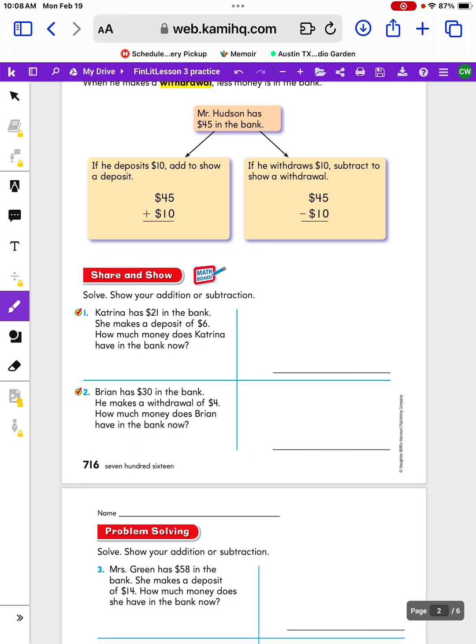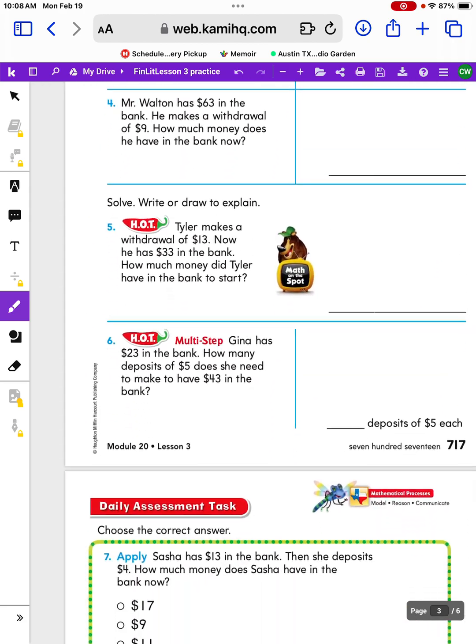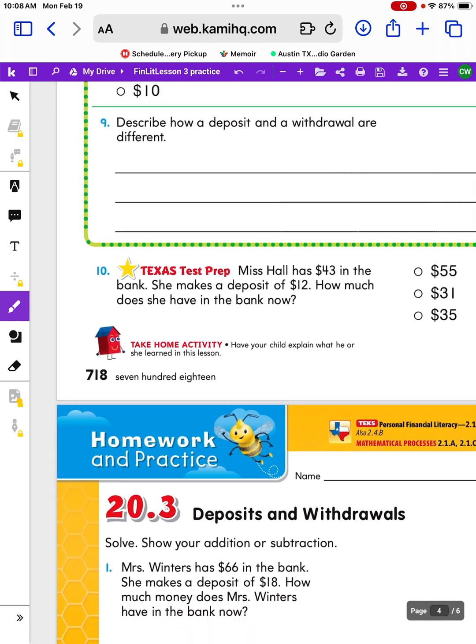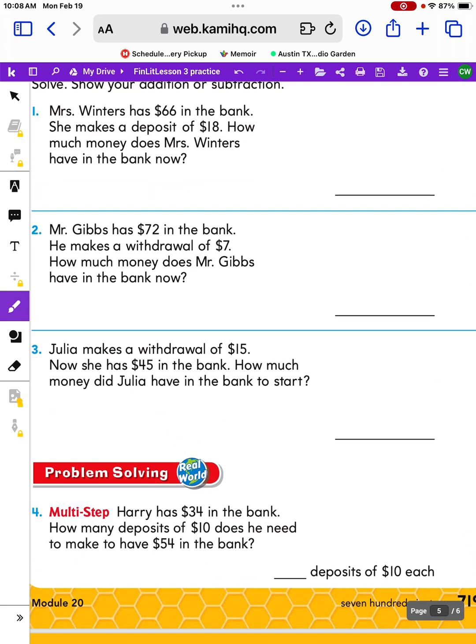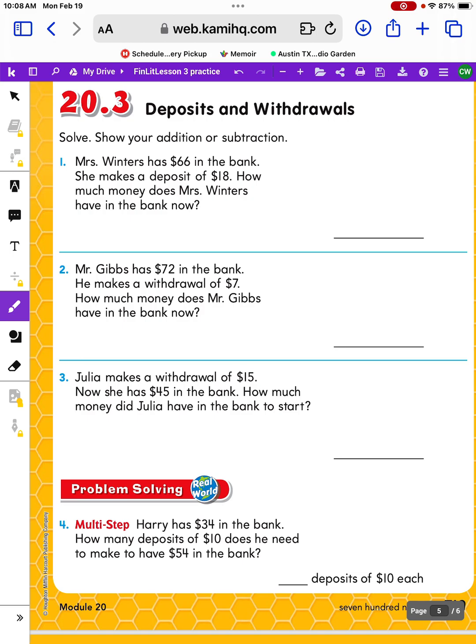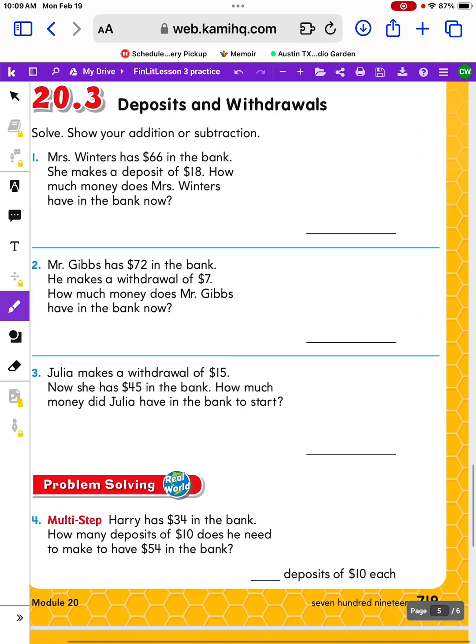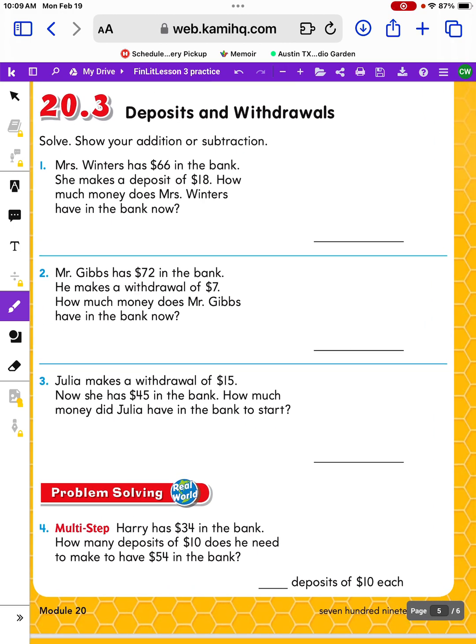Okay, we're going to do numbers 1 and 2 together. You're going to do 3 and 4 together. And then for your mastery, you're going to pick any 2 on here. I believe that's what I put on here. Let me double check so that I'm not giving you something different. Nope. Actually, on page number 719, I want y'all to do number 1 and 2. Okay?